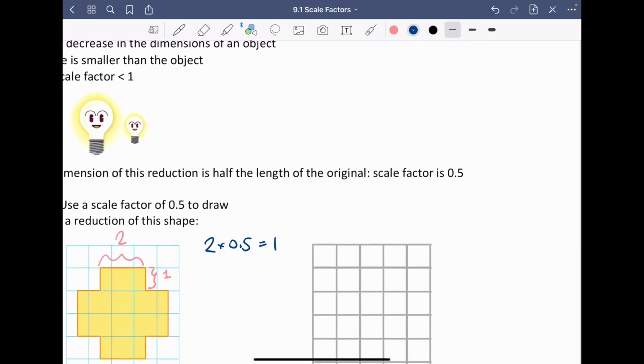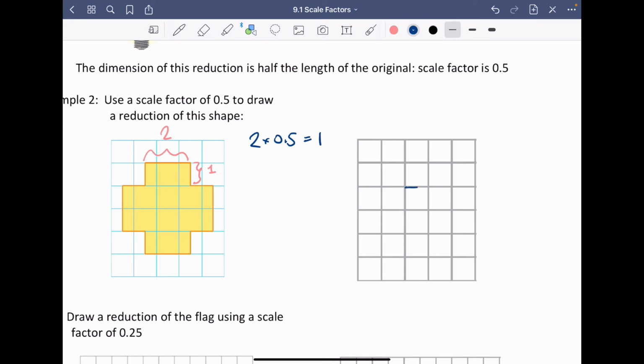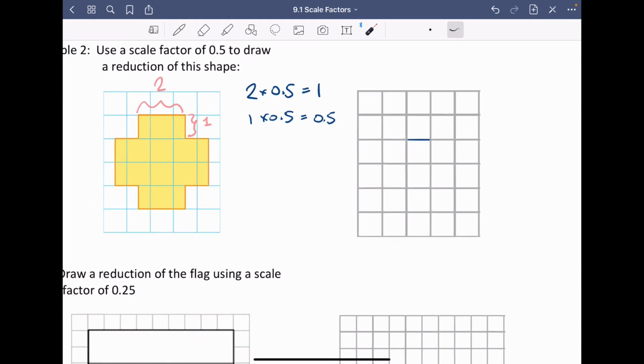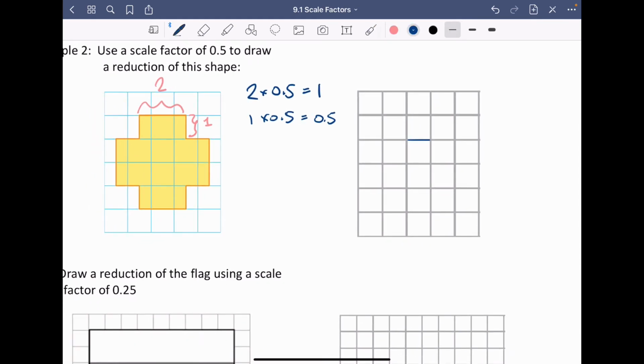Let's draw it here. This length here is 1, so if I multiply 1 by 0.5, then this side in my reduced diagram will be 0.5 of a unit.